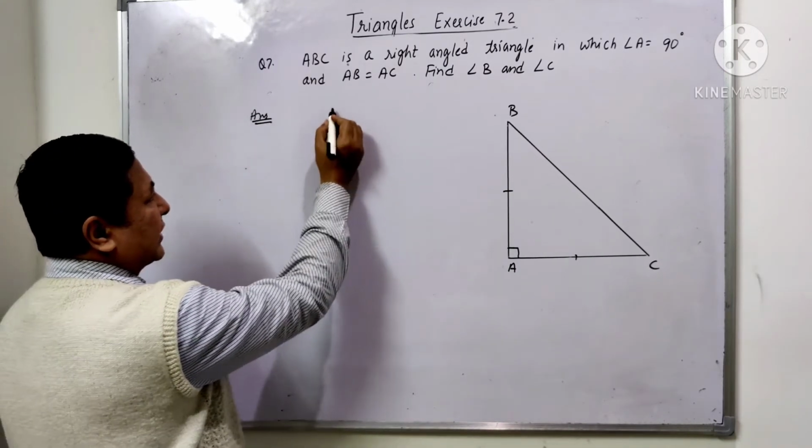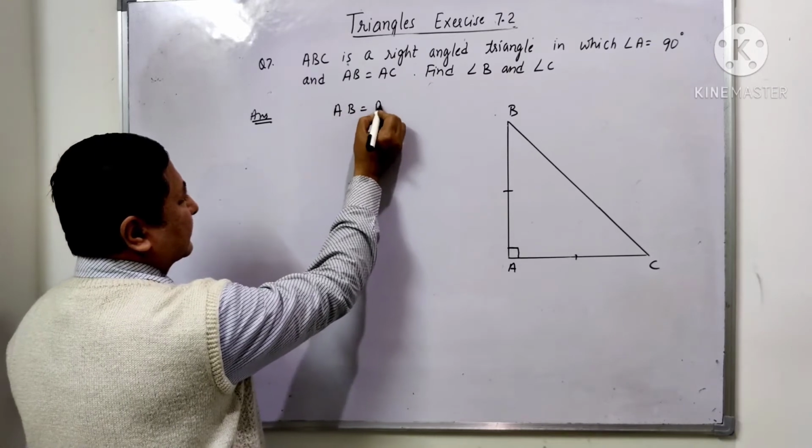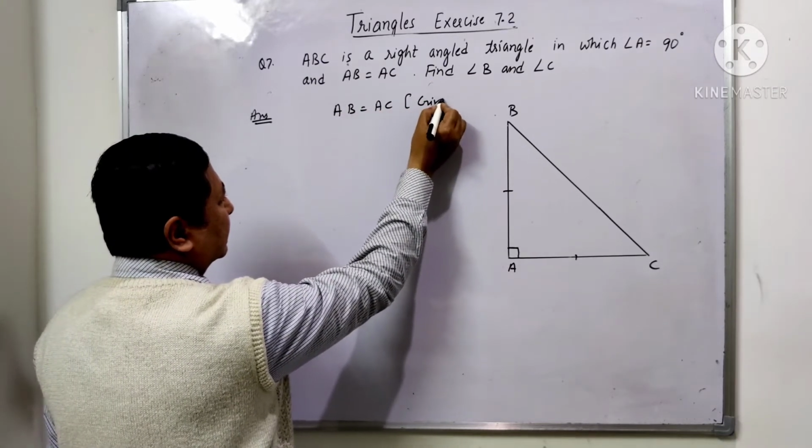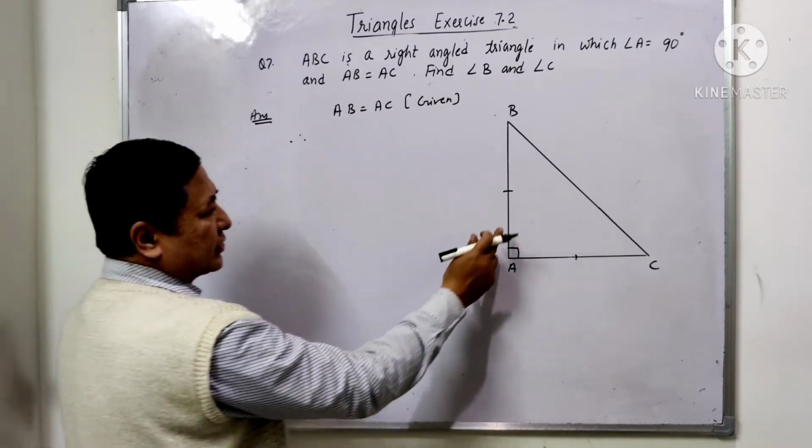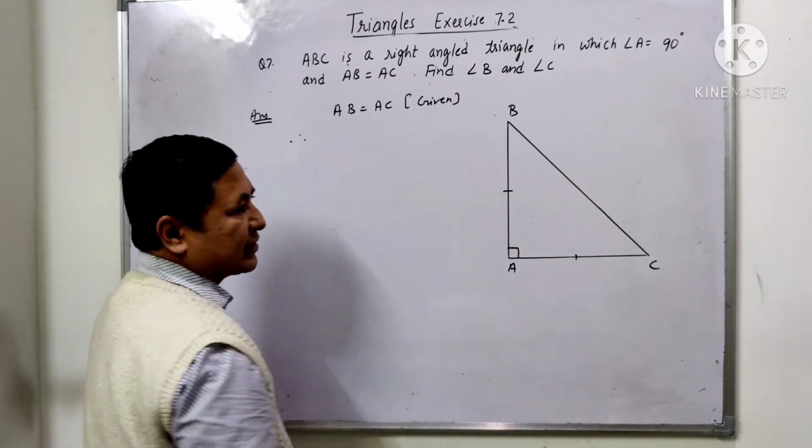It is given in the question that AB is equal to AC. Therefore, when these two sides are equal, their opposite angles will be equal.